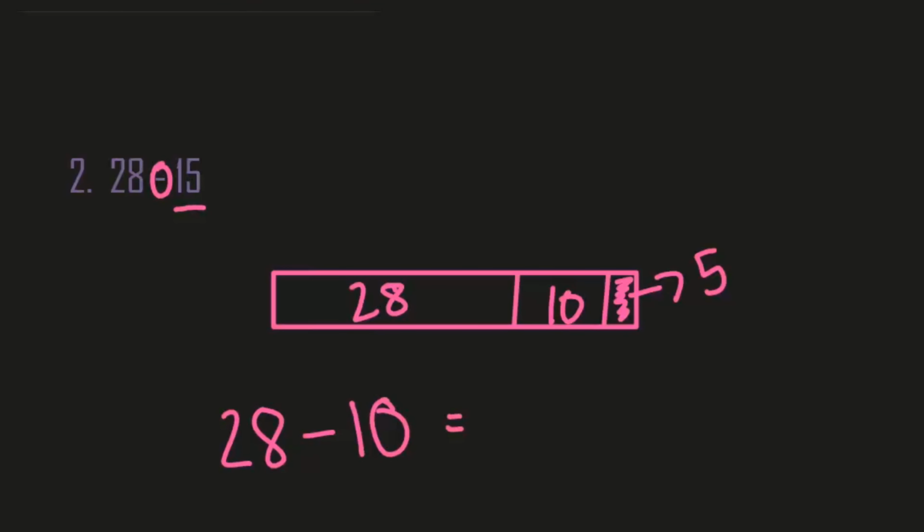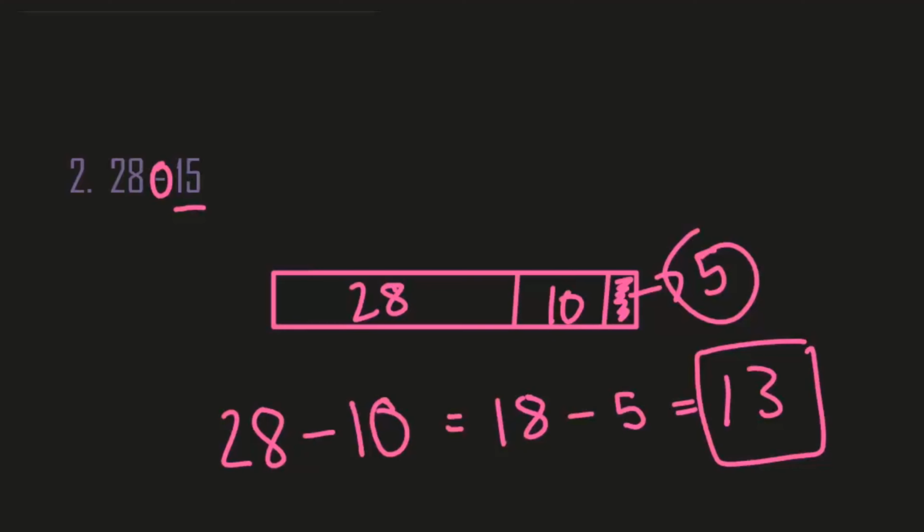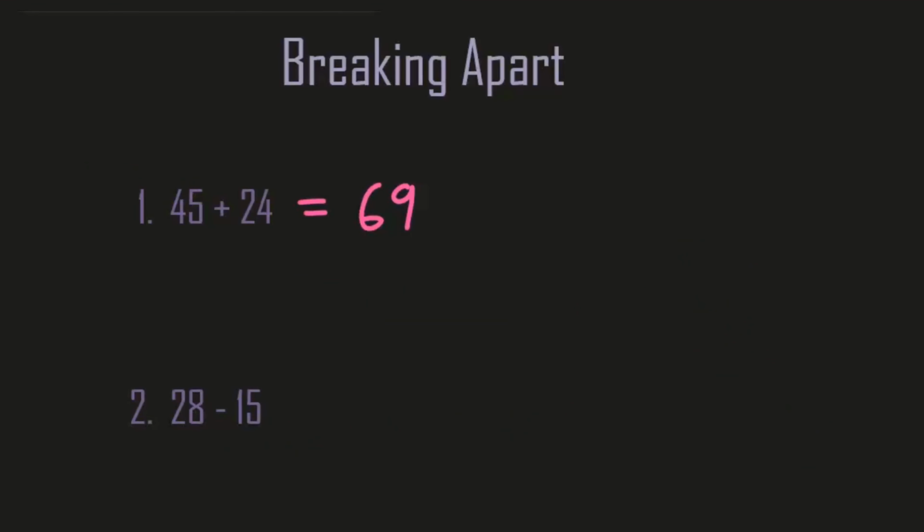Well, 2 minus 1 is 1, and 8 minus 0 is 8. So our answer is 18. And now, we still have a 5 to worry about. So, minus 5, and our answer would be 13. Let's go back here. Equals 13. That's how you do problems using the method of breaking apart.